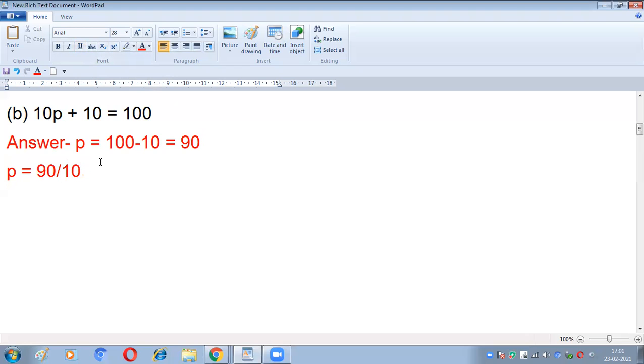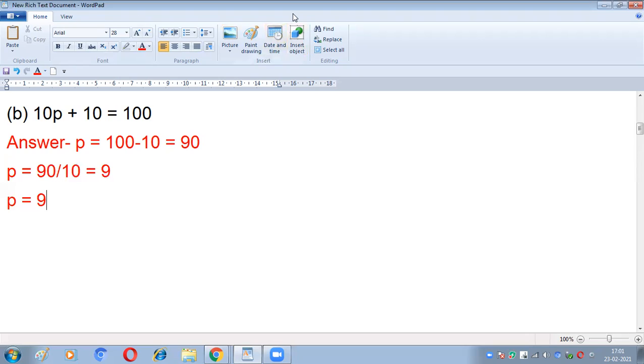Here 10 is in multiplication, and when it moves to the right hand side it carries a divide sign. The 0s cancel out and only 9 is left. So the answer for part b is p equals 9.